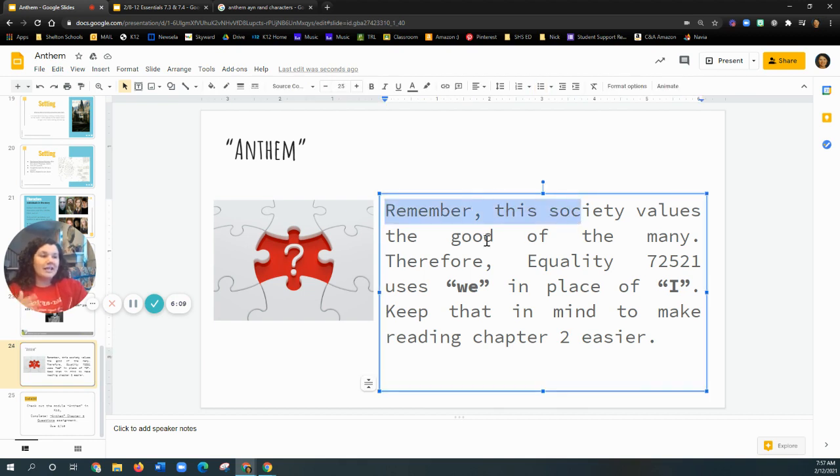Remember that society values the good of the many, therefore Equality 72521 says we instead of I. So maybe when he says we, you could in your brain switch it for I. I did that a couple times so that it helped me keep track. I'm going to pull up the last little bit of chapter 1, and then we're going to look through the questions. I didn't just want to leave you high and dry. Let's see here.